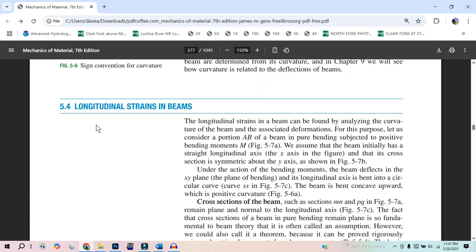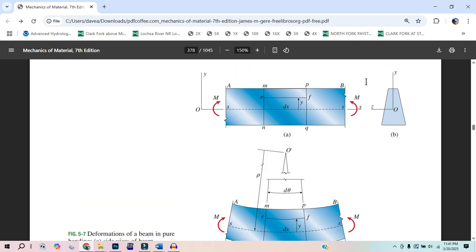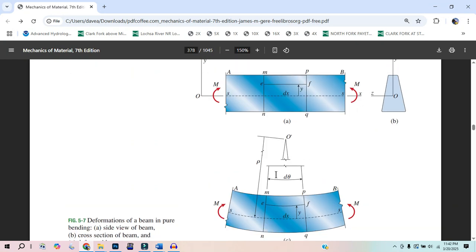So I'm just going to bust ahead. So when we apply this moment, we get a curved shape. And that means that we crunch in the top, we stretch out the bottom. So in my previous videos, the two ways to look at this is that materials can only change length so much before we consider them failed or past their allowable, what we designed them for, and both of those can be a failure.